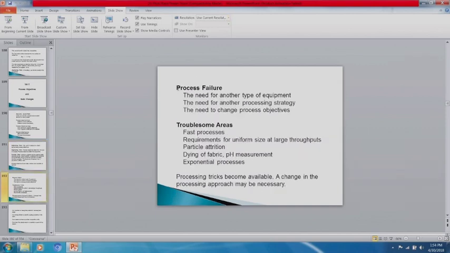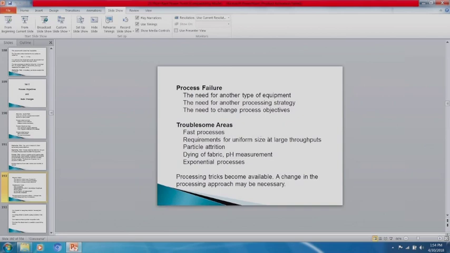So, if you do have process failure, you may need another type of equipment, another processing strategy entirely, or need to change the process objectives. This is actually a very important statement. You will have troublesome areas, fast processes which require uniformity with large throughputs.